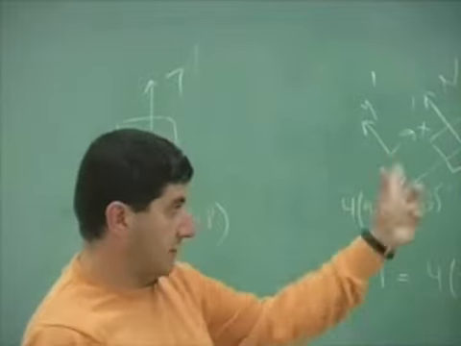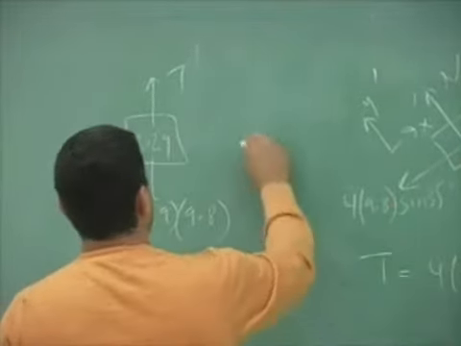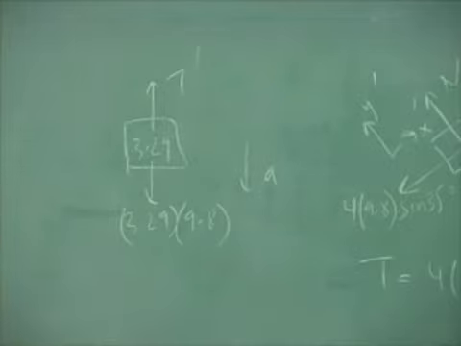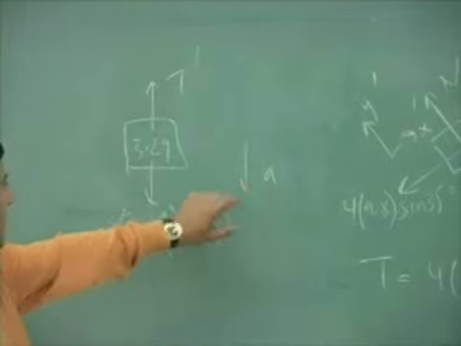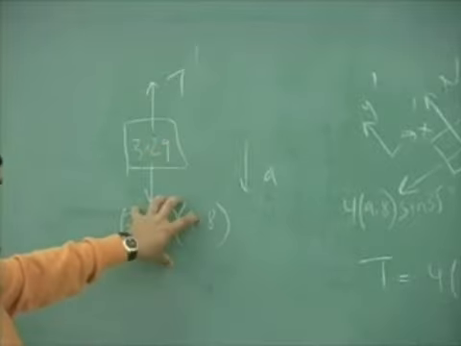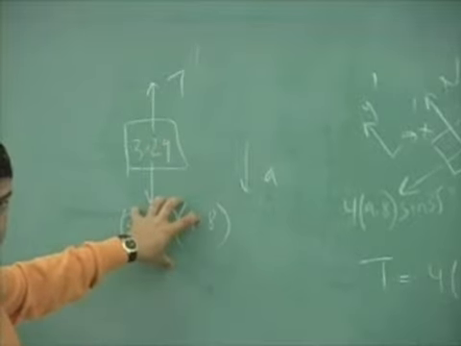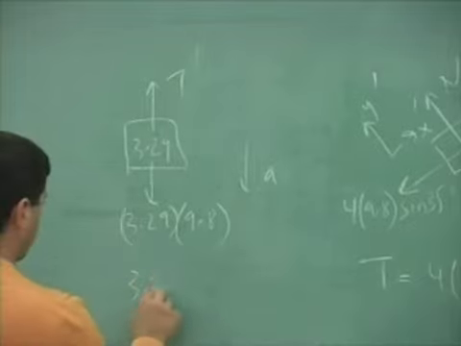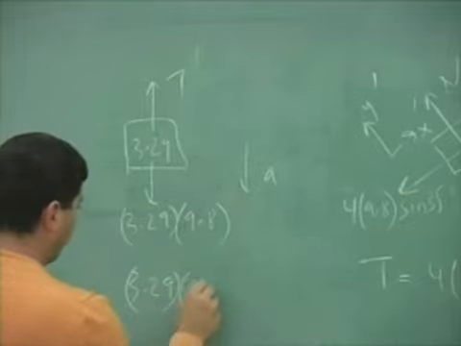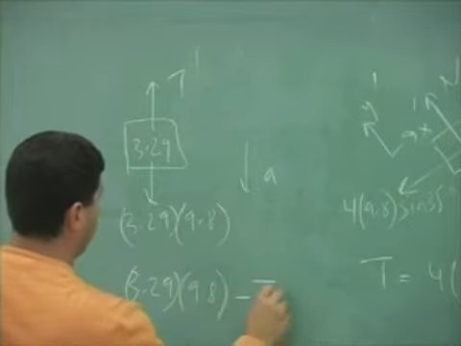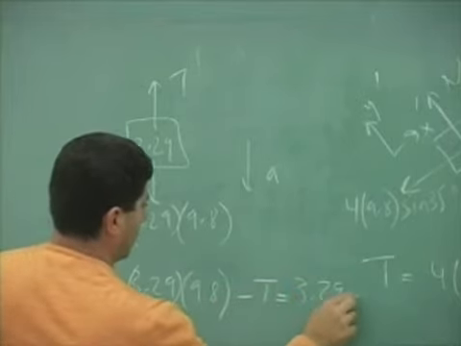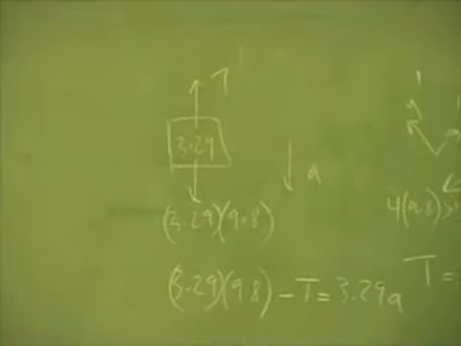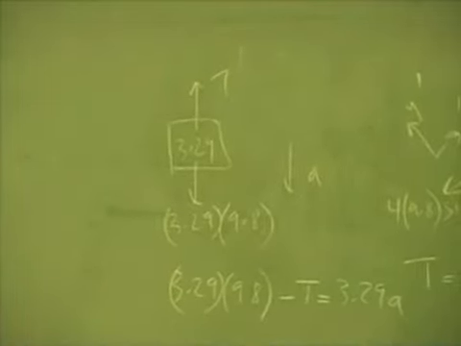Because it's going to beat the 4. So now we have the acceleration of the system is down. So remember the elevator problem. How I do this is, if the A is down, this one wins over that one. I put this one first. I put this as positive, then I put this one as negative. So 3.29 times 9.8 minus T equals 3.29A.